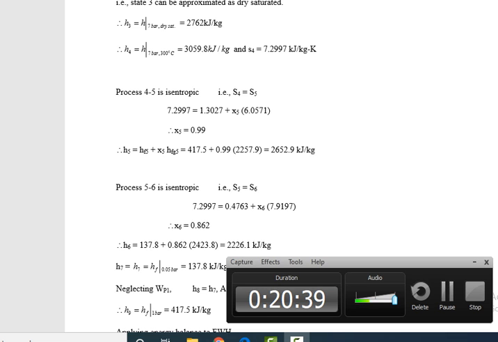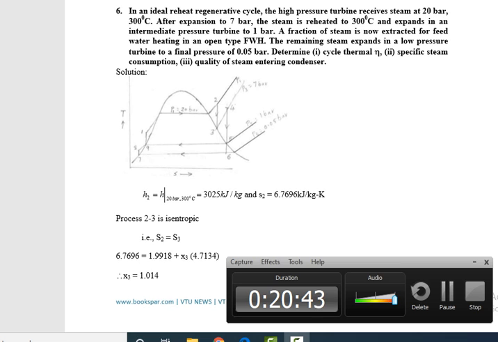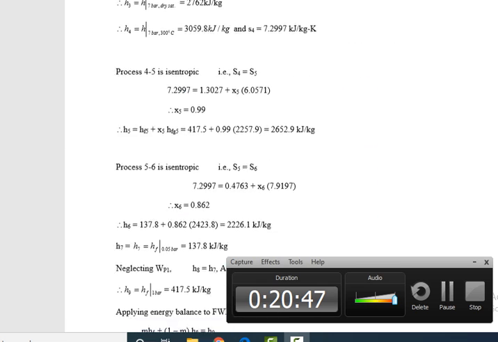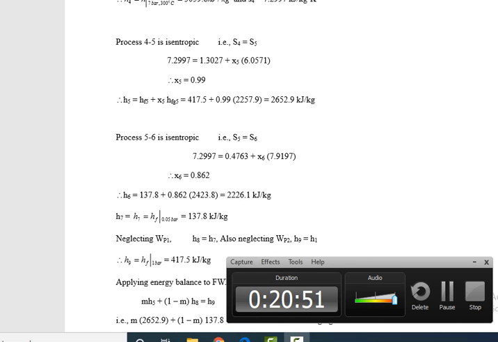That means you are getting the enthalpy value at point 5.